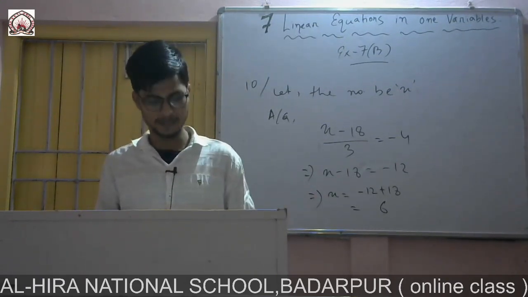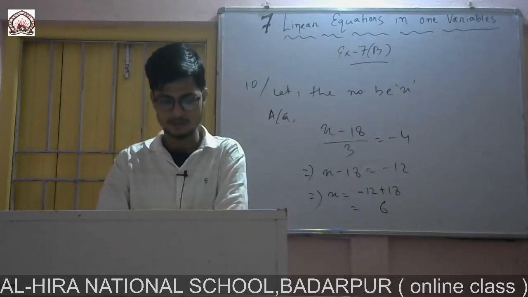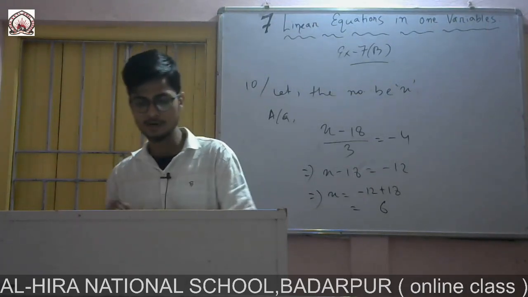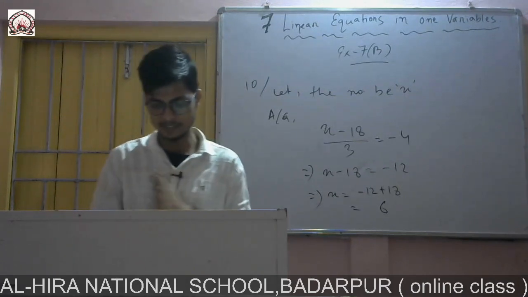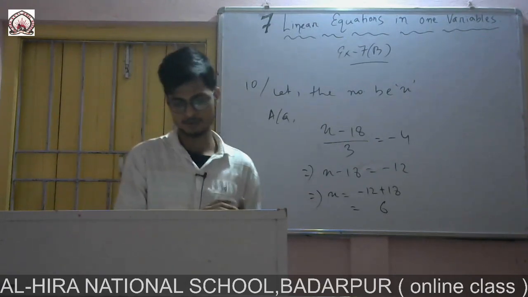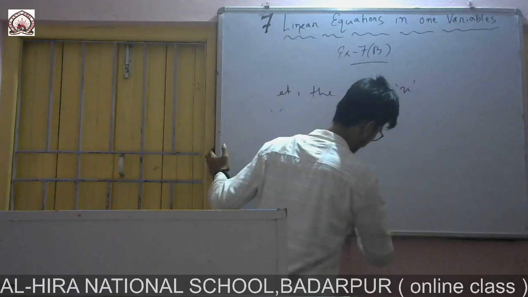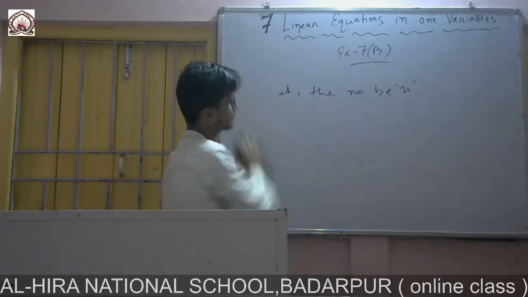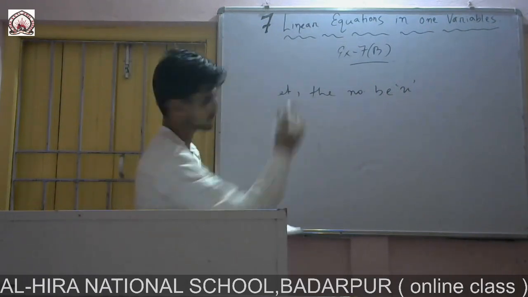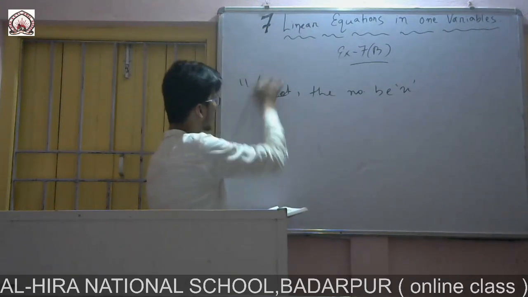Now question number 11. Mr. Grover is 3 times as old as his son and the sum of their ages is 48. How old is each? So you have to find their ages. Mr. Grover is 3 times as old as his son. So question number 11.